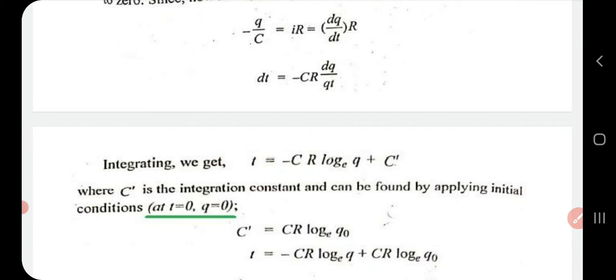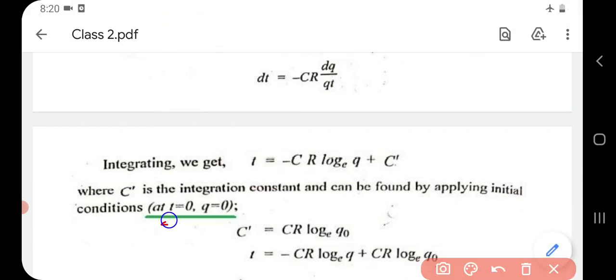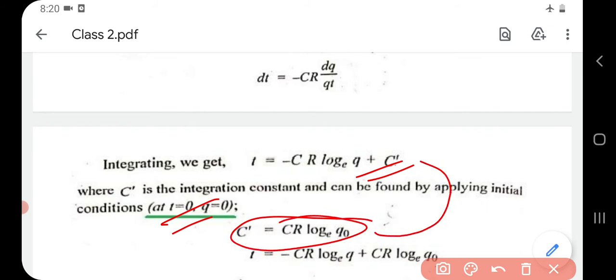So to find C dash, you apply a condition. Here the condition is different from that of charging. Here it is at t equal to 0, Q equal to Q0. On applying this particular condition, you will get the value of C dash as this. Now put this value of C dash in this equation.